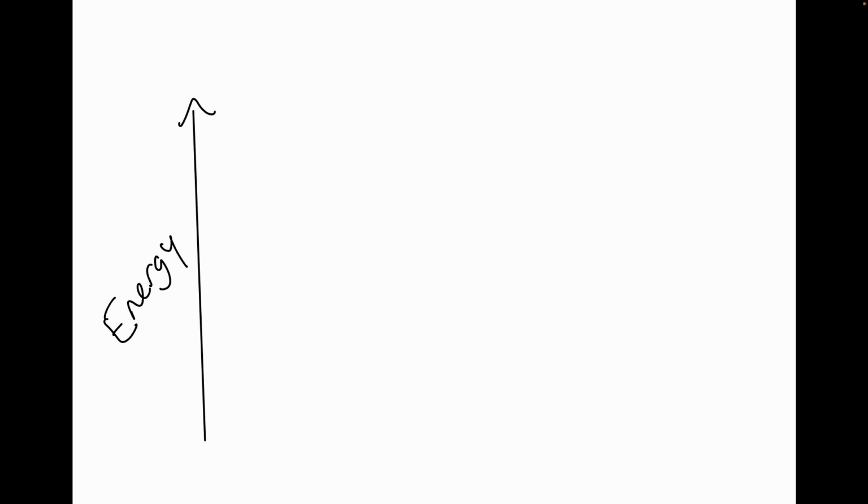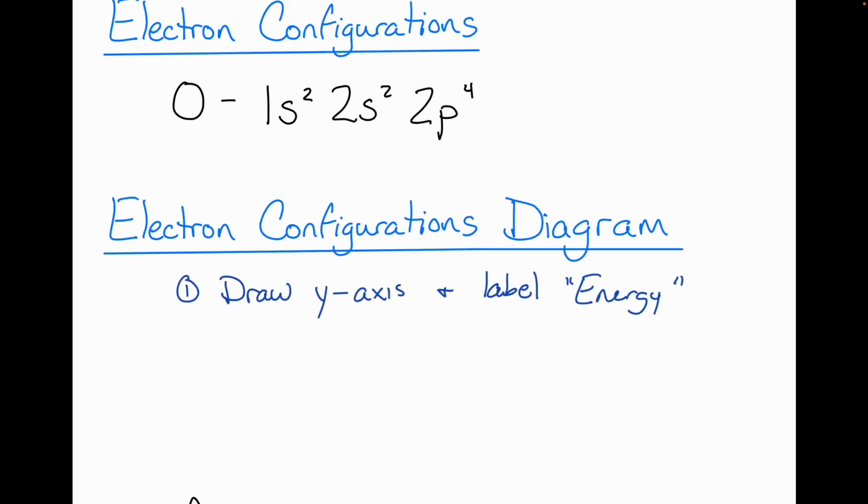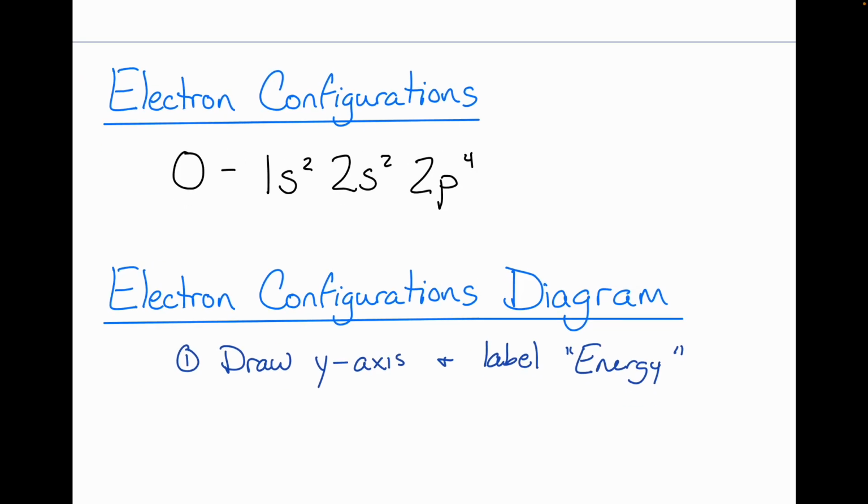So notice how we're going to have this energy axis here, right? What we're going to do is order these orbitals in terms of increasing energy on my diagram here. And fortunately, when we built our electron configuration from our periodic table, we already organized them from lowest energy to highest energy.